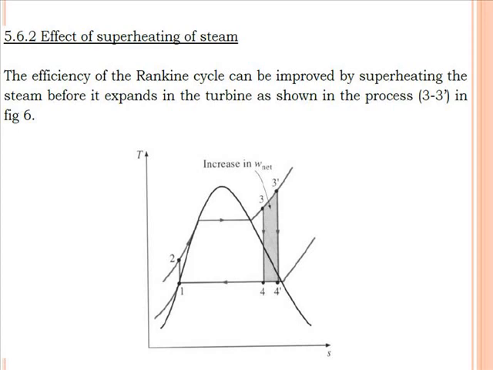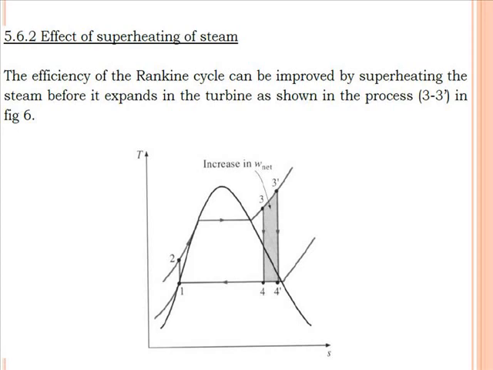But the most important thing we have to discuss is that when we go for superheating of the steam, we are not changing the pressure, so only a rise in temperature is observed. So when we go for superheating, the net work available will increase.